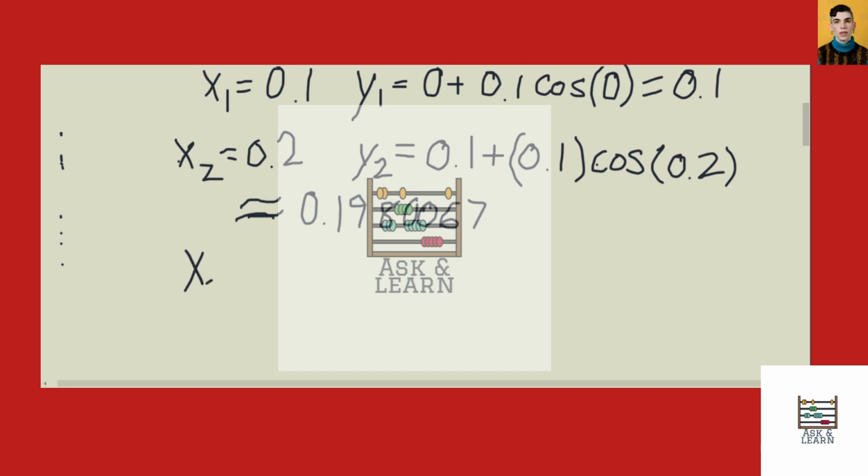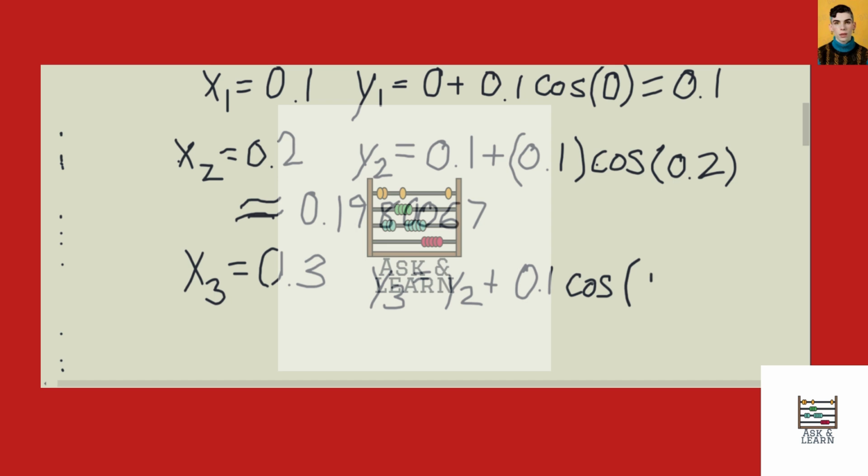Our third step, x3, is 0.3. And y3 is equal to y2 plus our step size times our function evaluated at x2, y2.